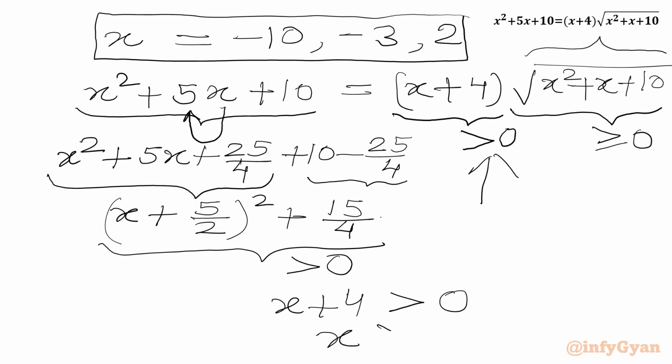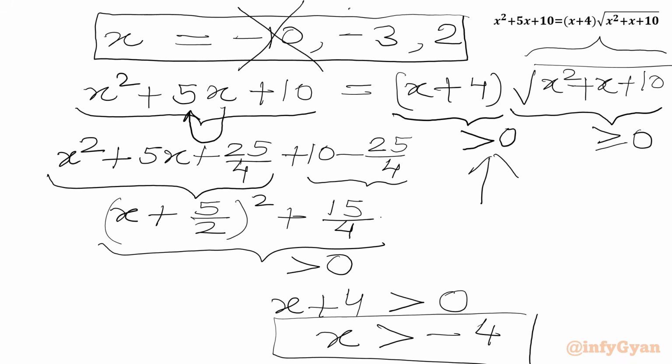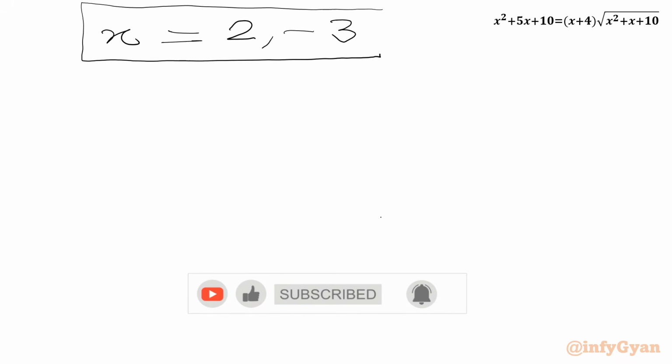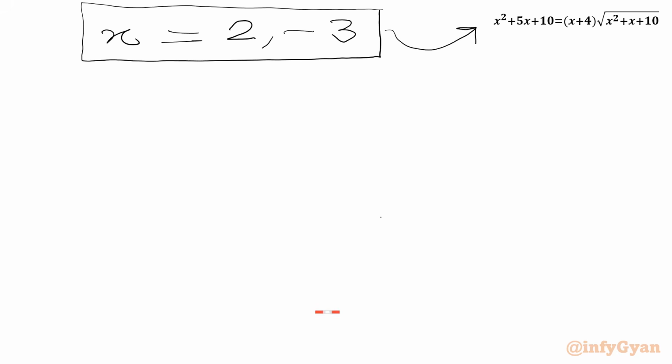So we are going to accept those values of x which are greater than minus 4. So here we will reject minus 10. These two solutions will be accepted ones. So I will write here x equal to 2 and x equal to negative 3 are real values of x which will satisfy our equation.